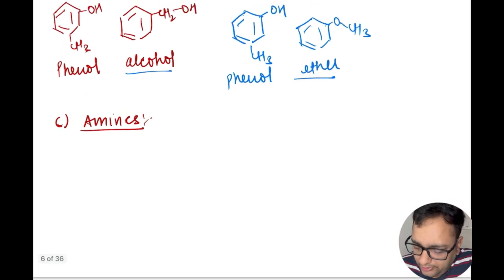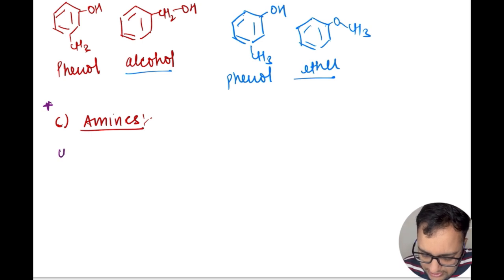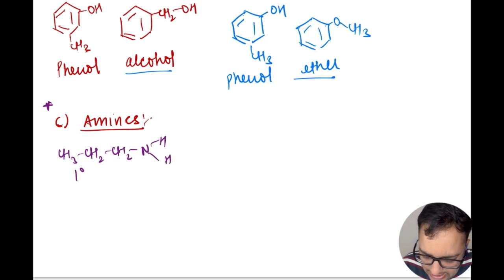Next, we're going to talk about amines. Now, this is a very important point: 1 degree, 2 degree and 3 degree amines together are functional isomers. They are not chain isomers or position isomers. They are functional group isomers, and the molecular formula must be the same. If you write CH3CH2CH2NH2, this is a 1 degree, or primary, amine.